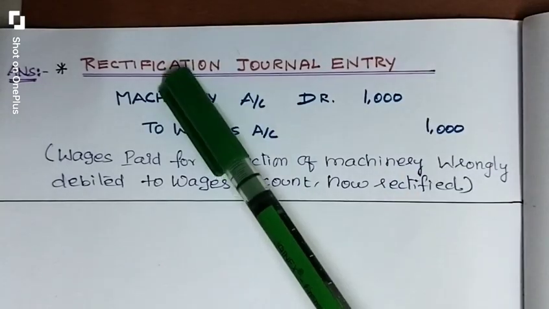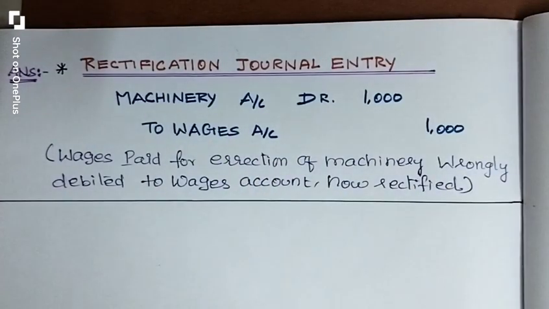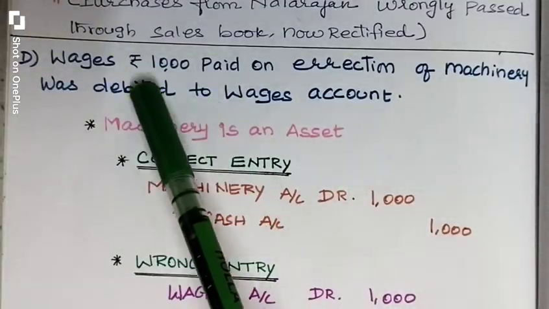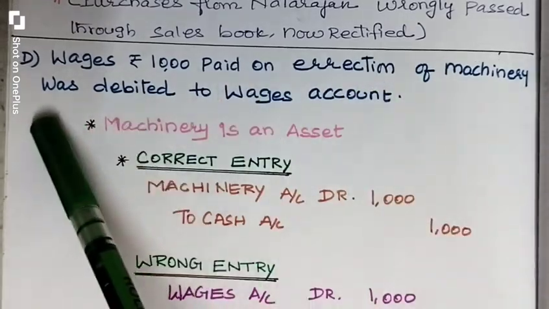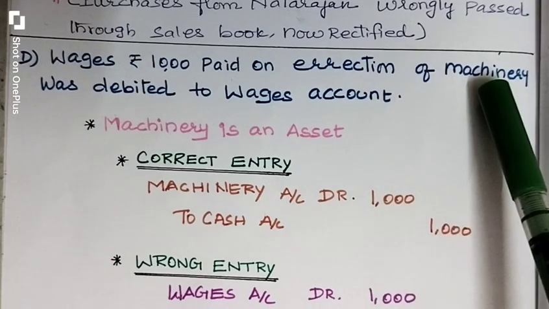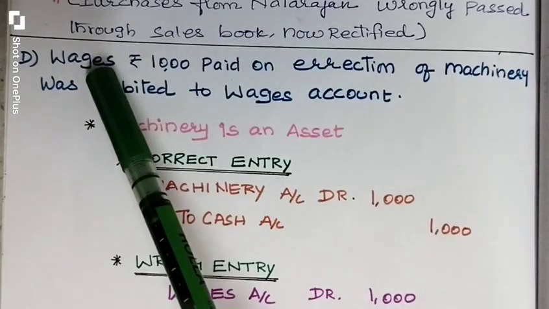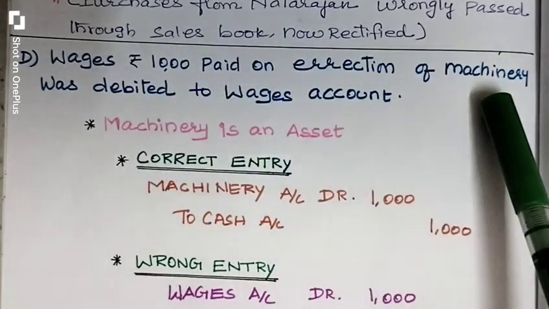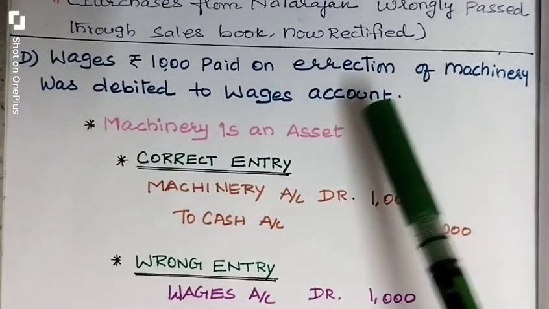Wages of rupees 1000 paid on erection of machinery was debited to the wages account. When you erected machinery, you spent wages for its erection. So machinery account debit, machinery comes in.